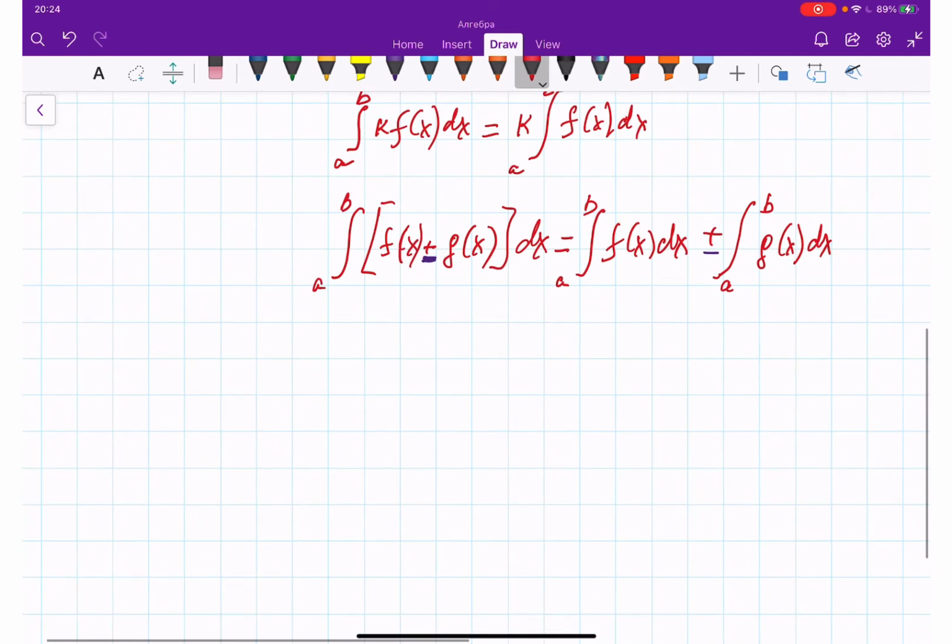Okay, so we will start working on these properties with the first example of evaluation of a definite integral.